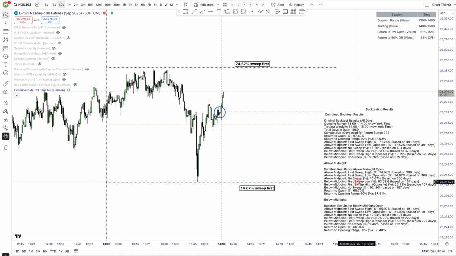But we also can see that there is a chance of no sweep at all, 10.6%.